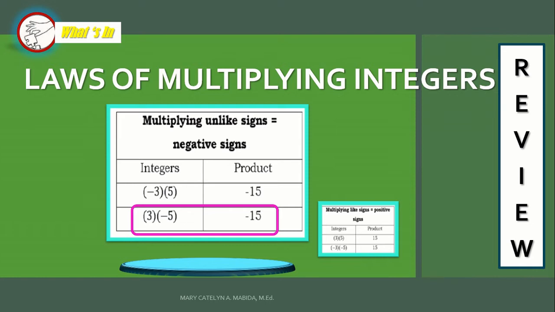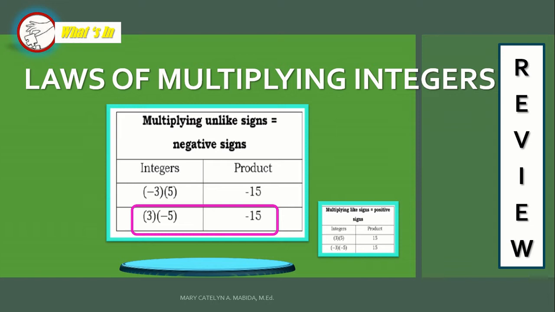It doesn't matter which is a negative or where the negative number is, whether in the first or in the second. The product will always be a negative. So again, two numbers with unlike signs multiplied together, the product is always a negative.